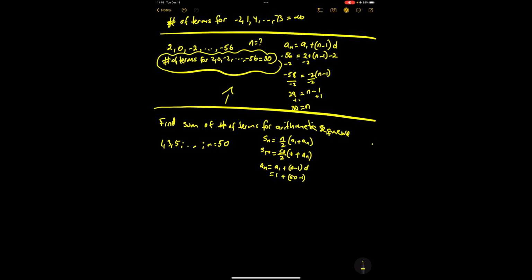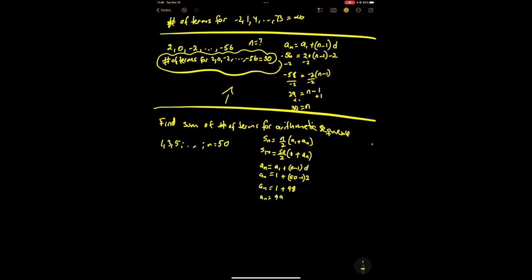And what's the difference? What is 3 minus 1? It is equal to 2. So an is equal to 1 plus, what is 49 times 2? 98. So an is equal to 99.